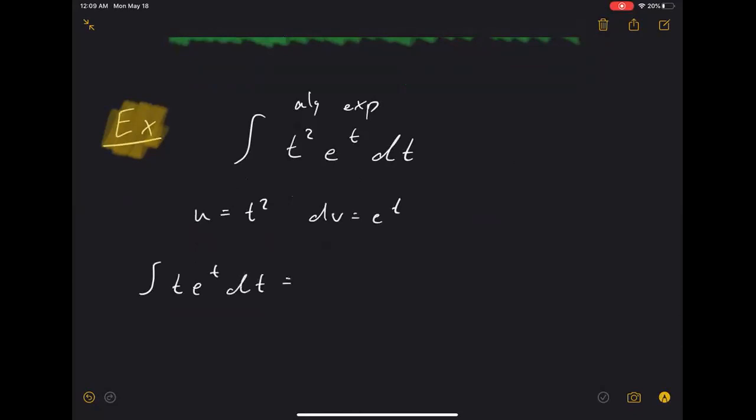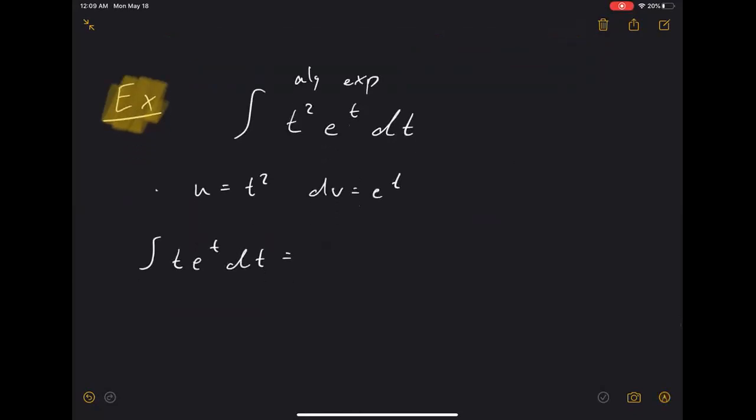So let's see what happens when we try this approach. The antiderivative of e to the t is just e to the t. So my uv would be t squared e to the t. Then I would subtract the integral of v du, which would be e to the t times du, and du would just be 2t.